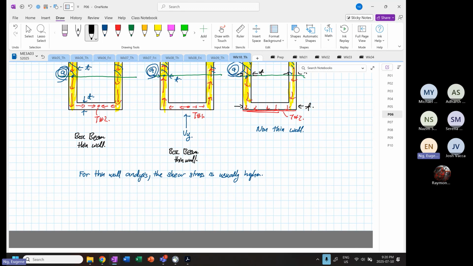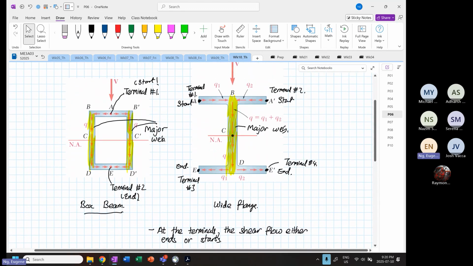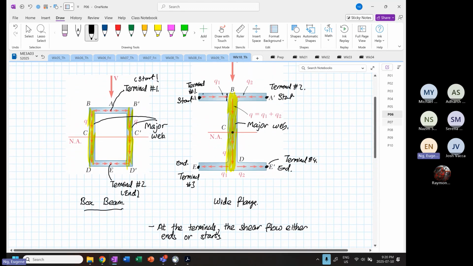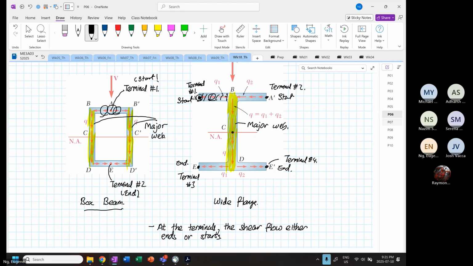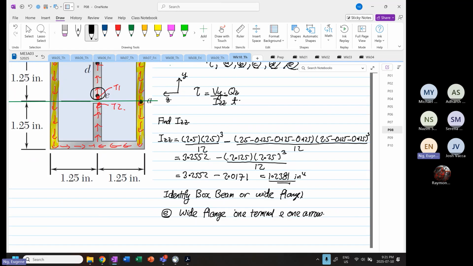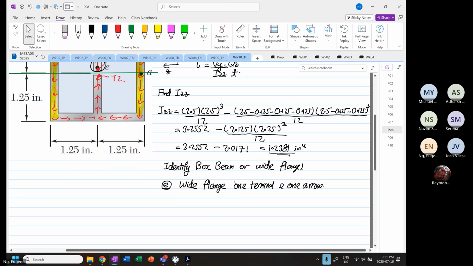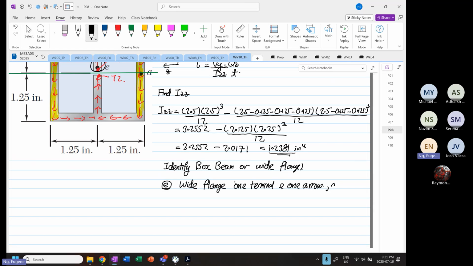If you look at the wide flange up to this section, you have one terminal, one arrow. For a box beam, you have one terminal, two arrows, and the other one terminal, one arrow, and the arrow is pointing towards one direction. So with this, you know that point E is a wide flange, and you put down Q.